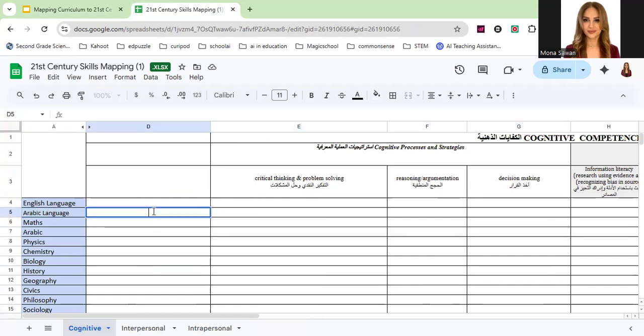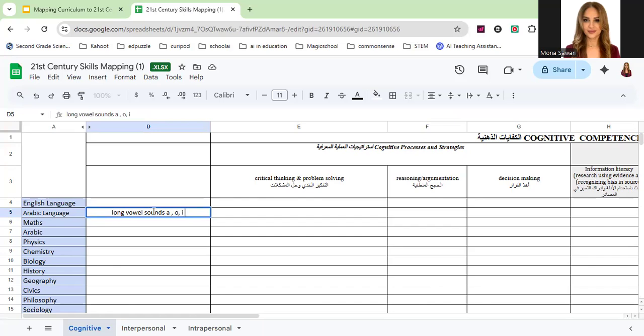Here, in the blank space, I will write the lesson, which is long vowel sound. A, O, I, and so on. So I start with the lesson because competences must come from real content.